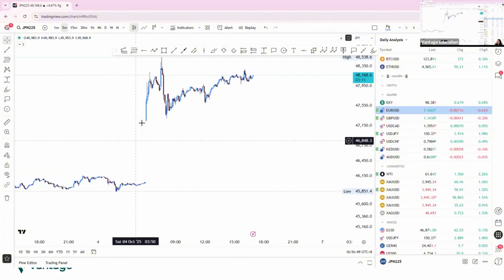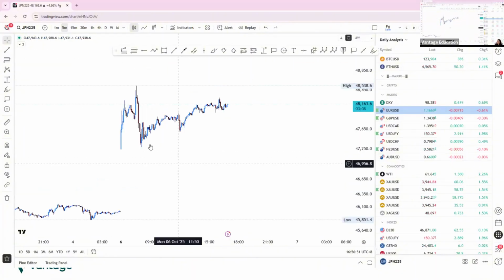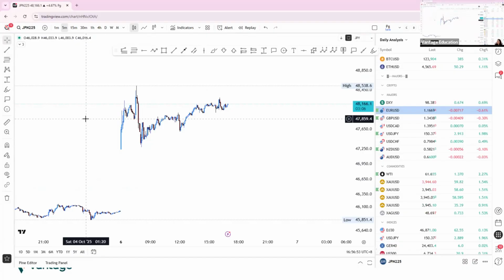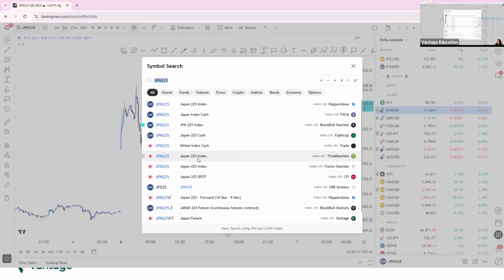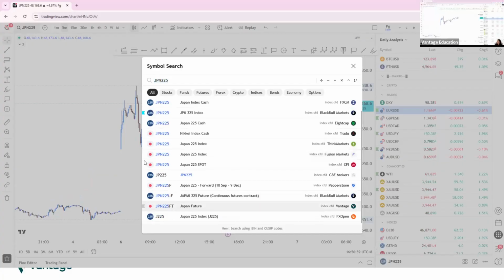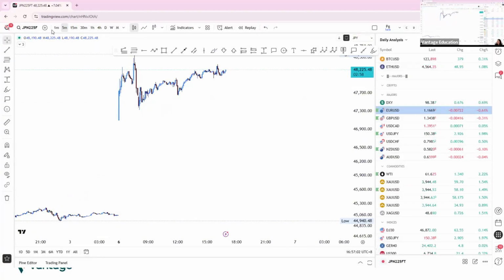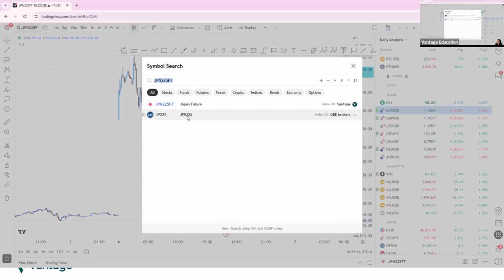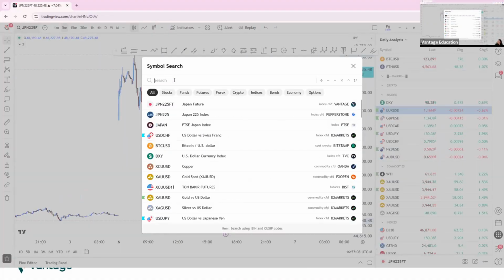Okay, for the gap up? Yen also rising though. Am I looking at the correct one? Let me look for the figure. This is the one for the yen index.